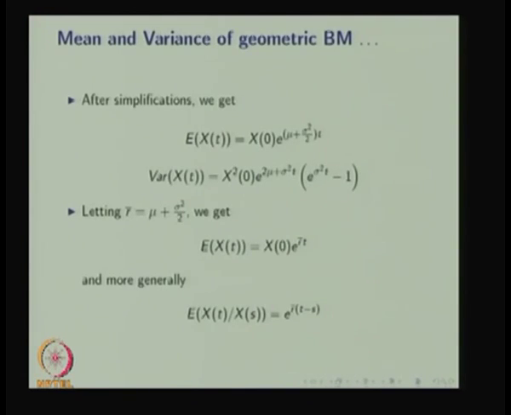By substituting mu plus sigma square by 2 as r bar, we get the expectation of xt equal to x naught times e power r bar t. More generally, the expectation of xt divided by x of s is e power r bar times t minus s. So in this way, we are finding the mean and variance of geometric Brownian motion using the moment generating function of a normally distributed random variable.